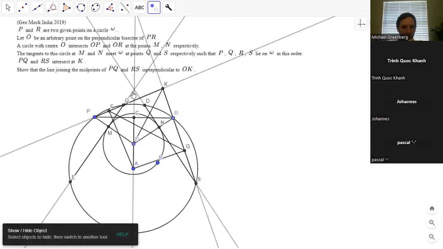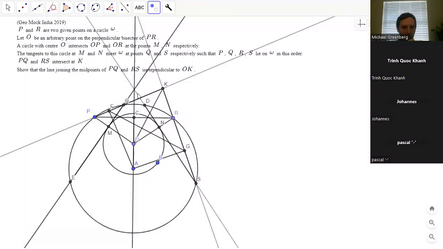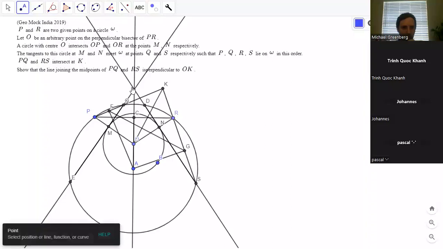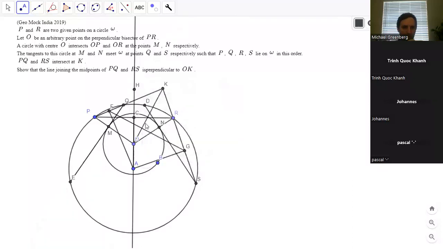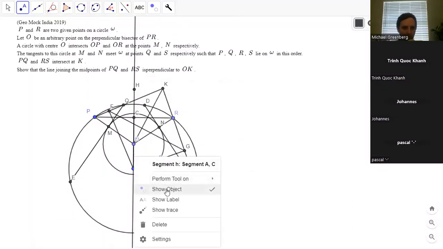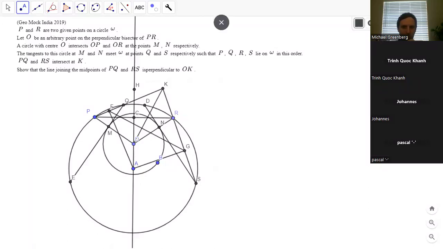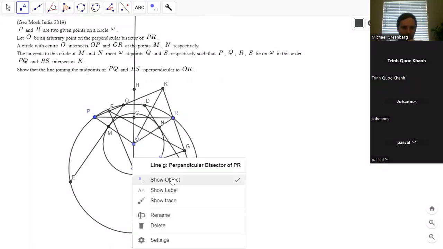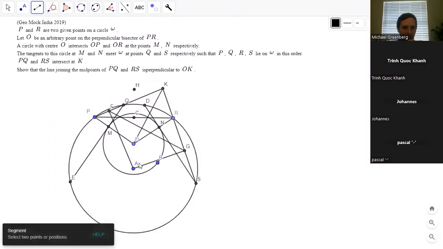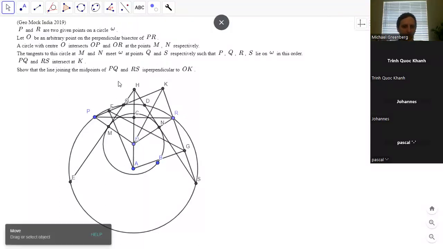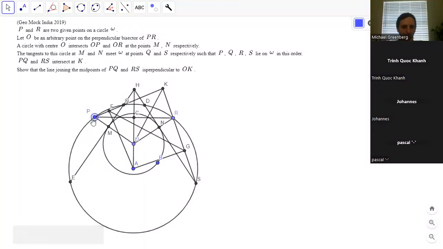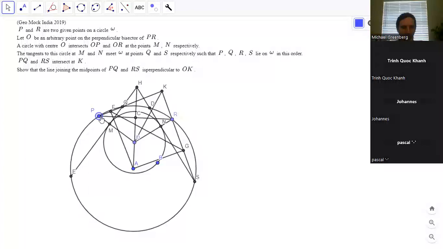So yeah, let's draw this point right here. Call it H. I bet that point will be useful. Great. Is HK parallel to PR? No, not necessarily.